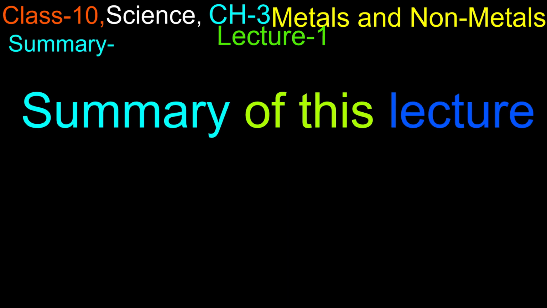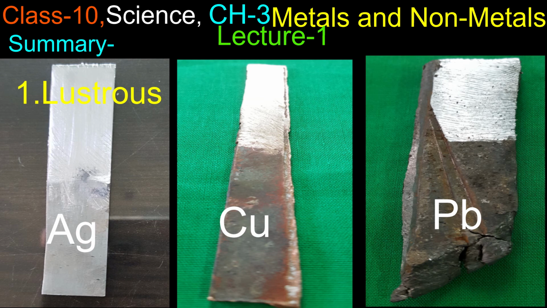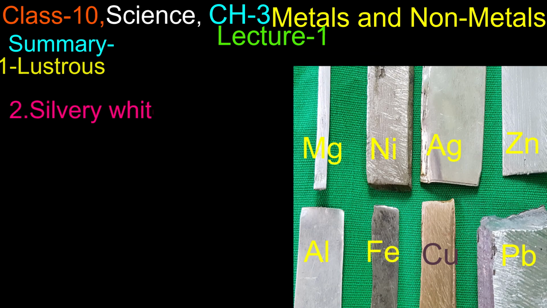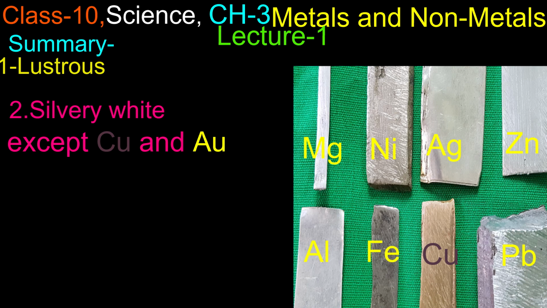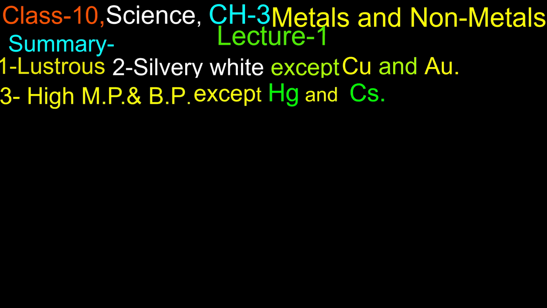We can summarize this lecture. All the metals are number 1, lustrous, number 2, silvery white, except copper and gold. Number 3, they have high melting and boiling points. Exceptions are mercury and cesium.